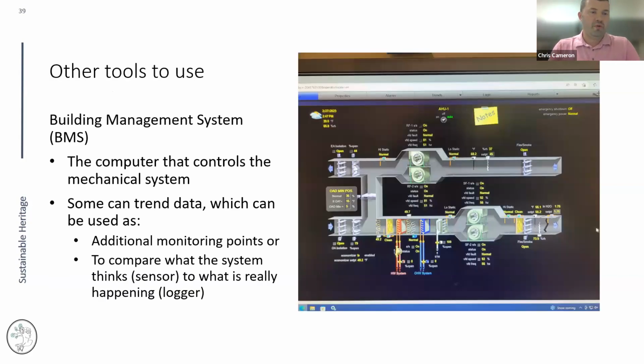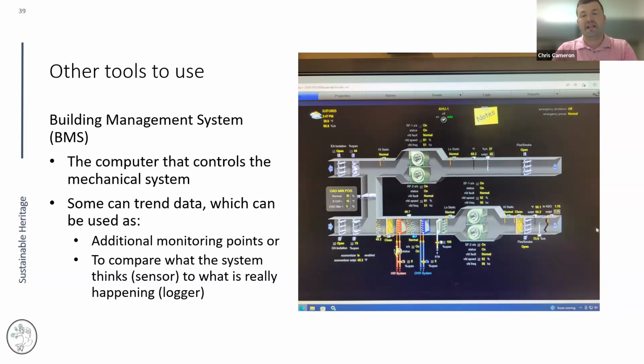Some other tools you can use when you're looking at a facility: your building management system. The building management system, the BMS, is the system that controls your mechanical systems. It's the computer that's telling it to turn off, turn on, change cooling, add humidification, things like that. Depending on the type of mechanical system you have, you can trend data.